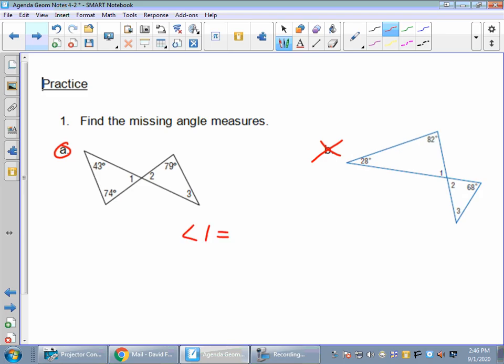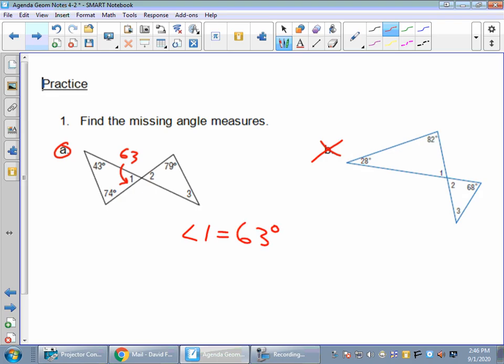So 74 plus 43 is 117. When you subtract that from 180, you get 63 degrees. So I know that angle 1 is 63 degrees.